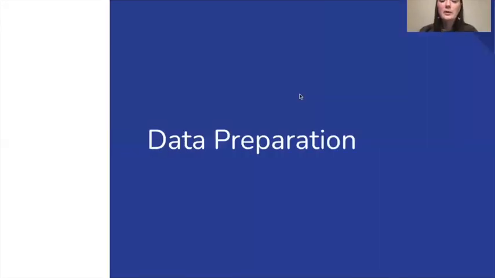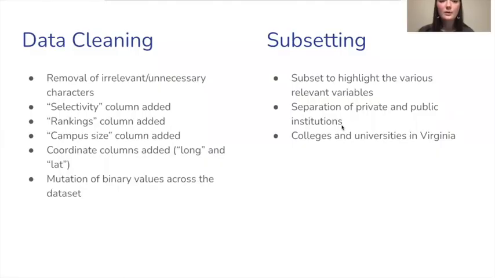Now moving on to how we prepared, wrangled, and manipulated our original data set. Our data set was pretty clean to begin with. However, we did end up removing some unnecessary characters that we viewed as typos that cluttered the data and variables that we deemed unnecessary, like the website column that Kaggle included.